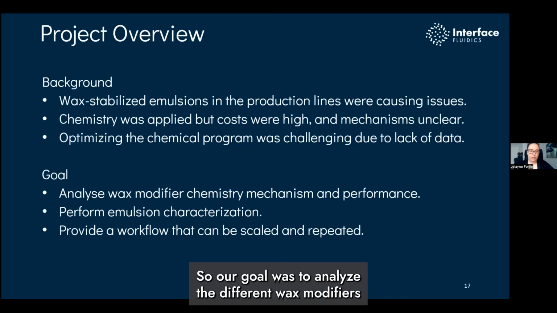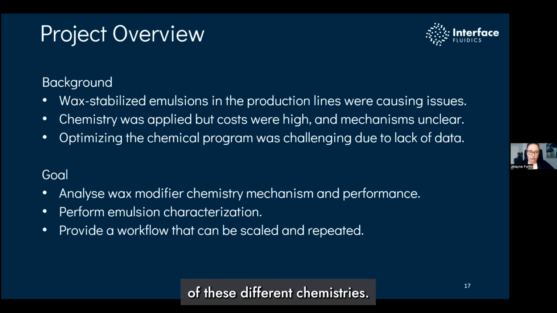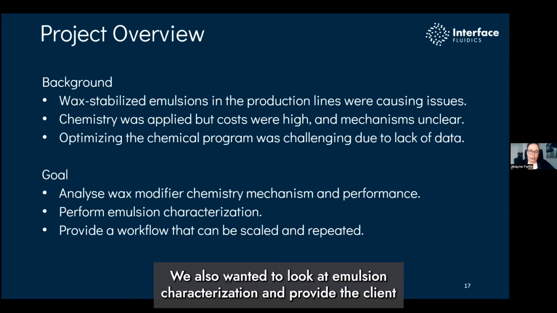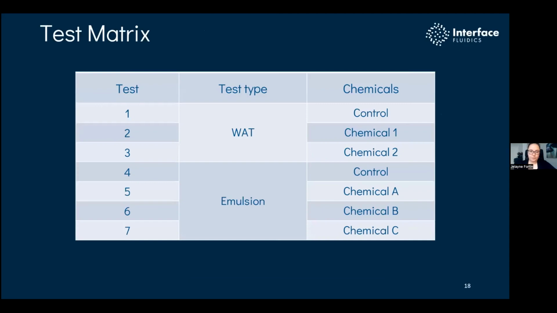Our goal was to analyze the different wax modifiers, look at the mechanism, and understand the performance of these different chemistries. We also wanted to look at emulsion characterization and provide the client with a workflow for chemistry selection that could be scaled and repeated.